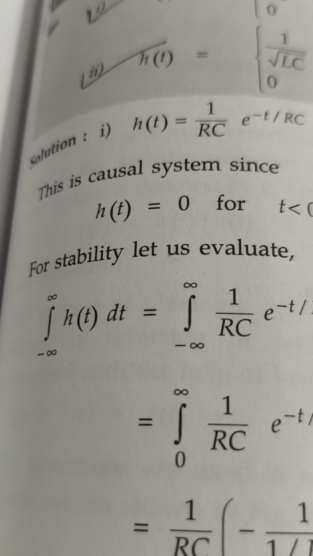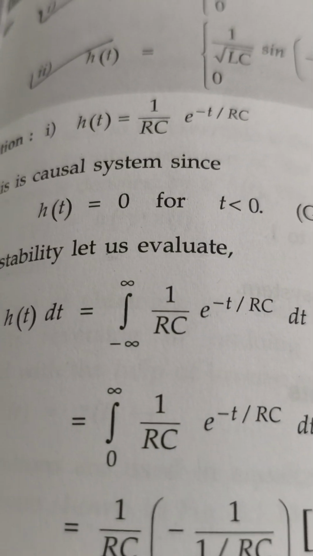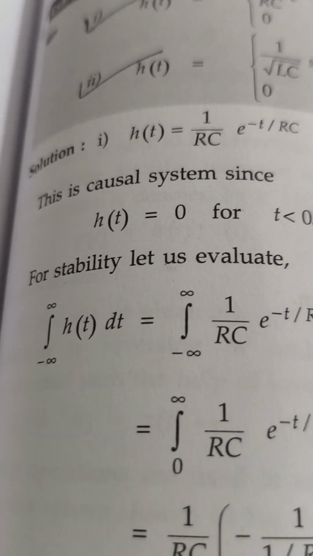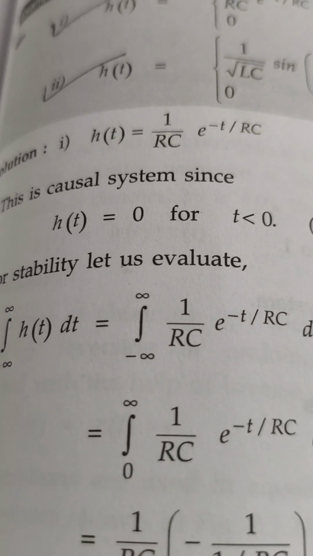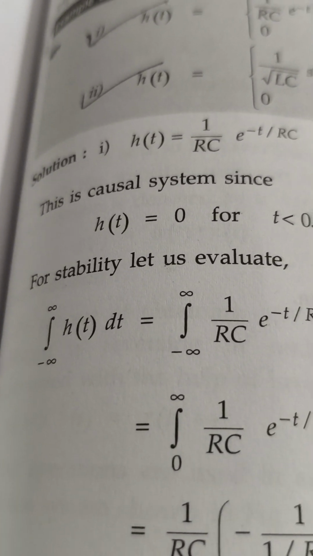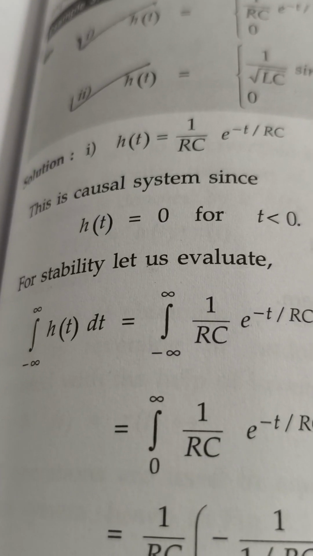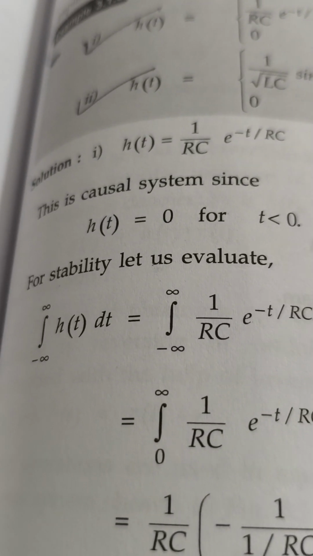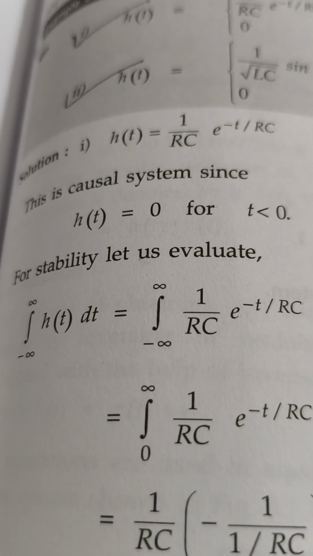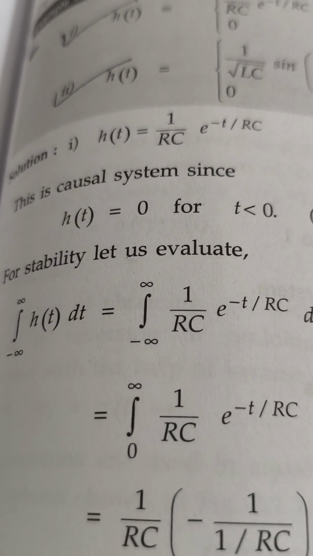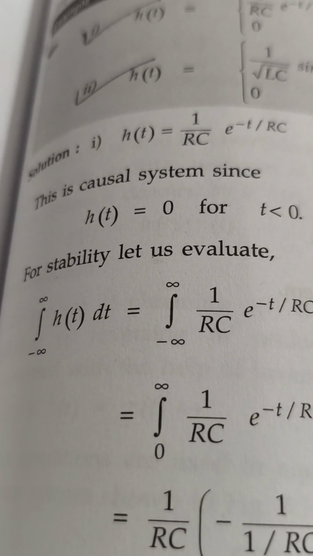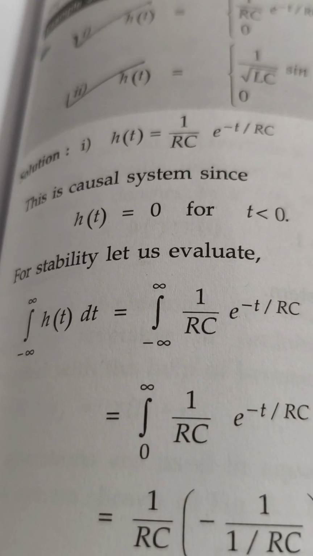Because what are causal systems? Causal systems are the systems whose output depends on the present and past inputs. If the output depends on future inputs, then such systems are called non-causal systems.